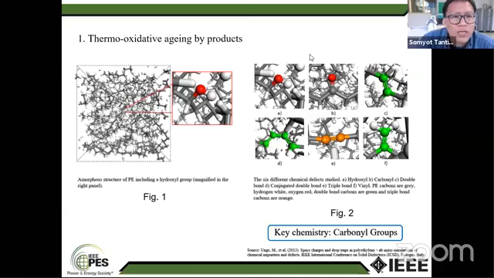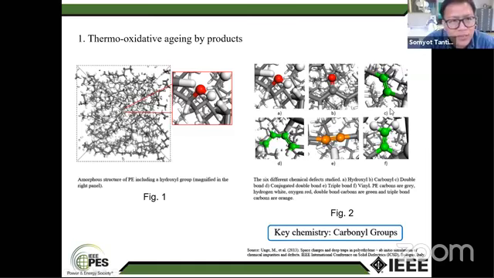This is called the aging byproducts. The aging byproducts from the thermo-oxidative aging normally include the hydroxyl group, carbonyl group, as you can see in figure 2A and B, and double bond, figure 2C, conjugated bond, triple bond, vinyl.